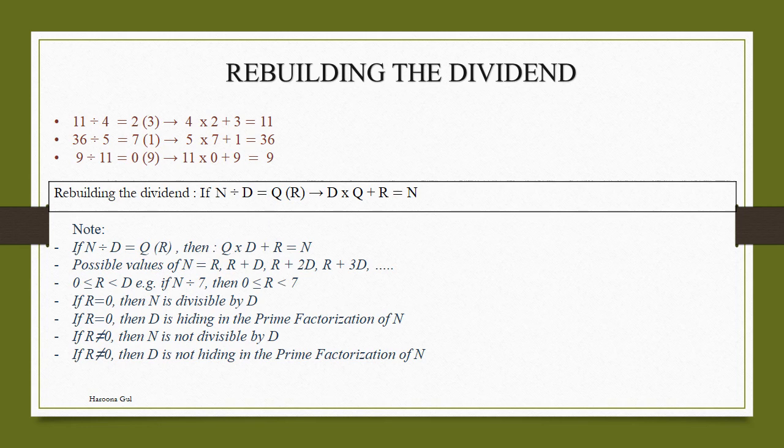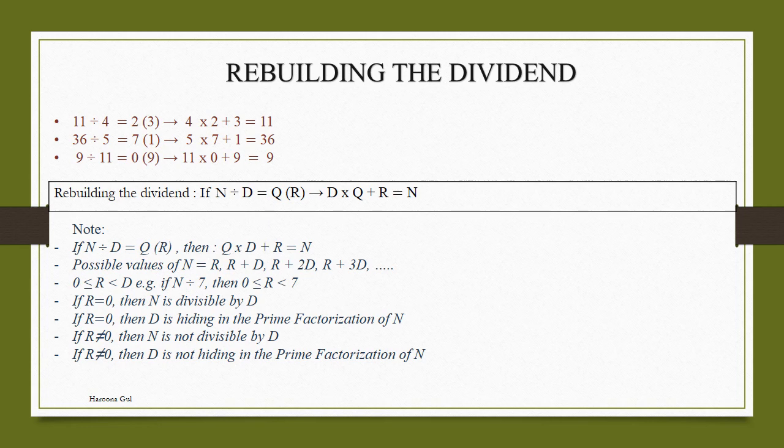If we rebuild the dividend where n divided by d is equal to quotient with remainder r, we get the dividend by multiplying the divisor with its quotient and adding its remainder.